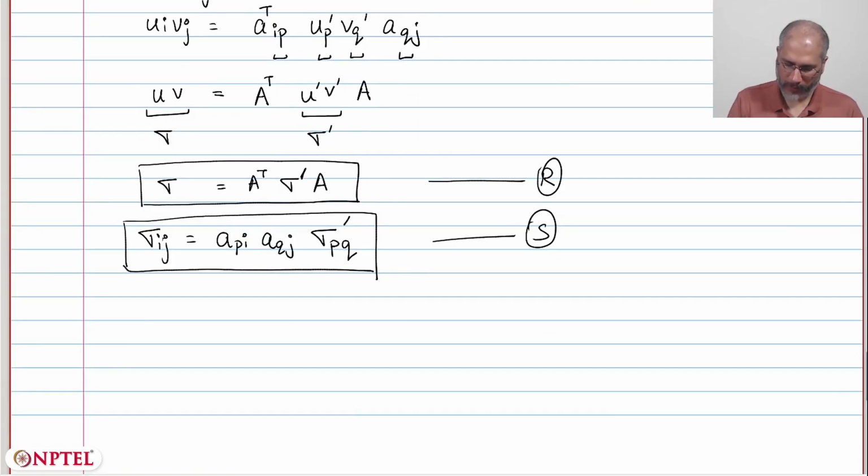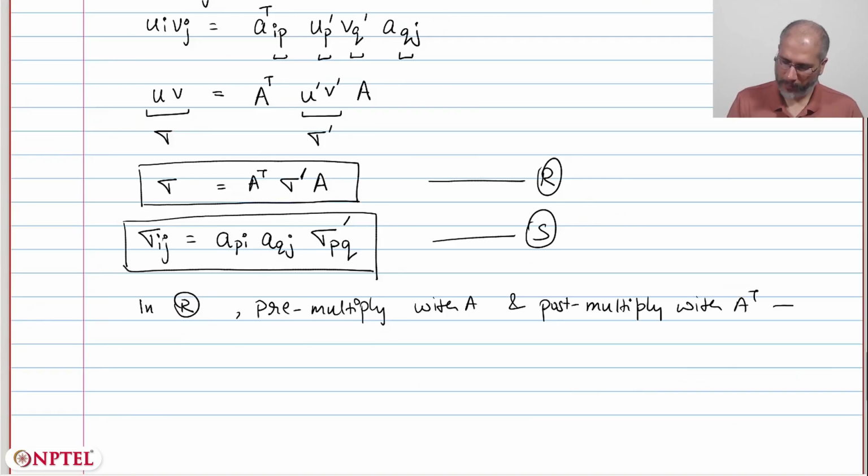So what we'll do is, in the expression R, we will pre-multiply with A and post-multiply with A transpose. And you'll see why. If I pre-multiply with A, the left hand side becomes A sigma, and I post-multiply with A transpose, so this becomes A transpose.